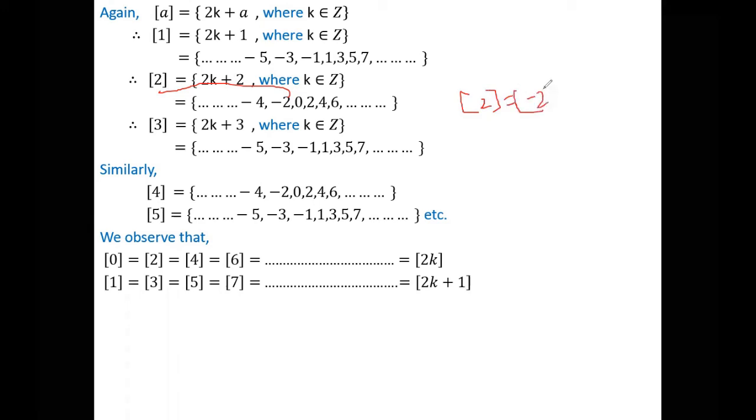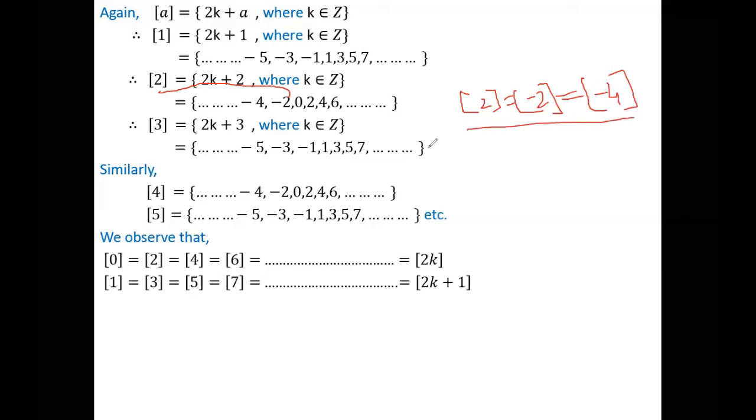Whatever elements are inside that equivalence class, they are related with this equivalence class, and moreover, they are equal. That means you can say [minus 4] also is the same. These are the same sets.